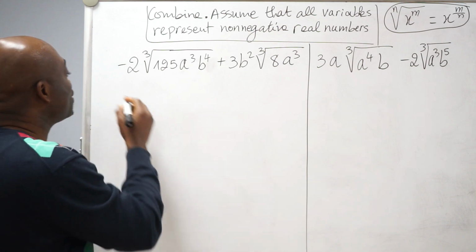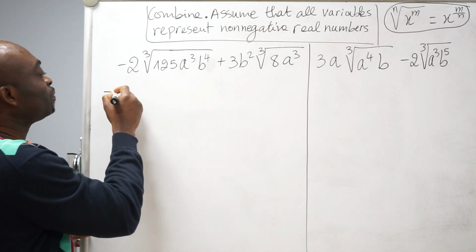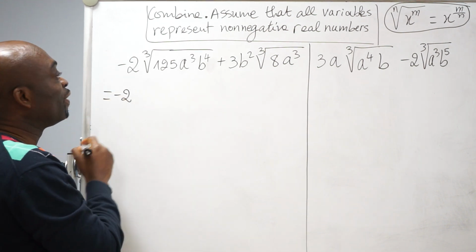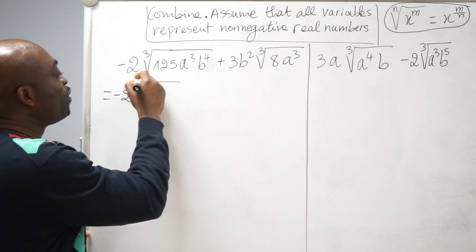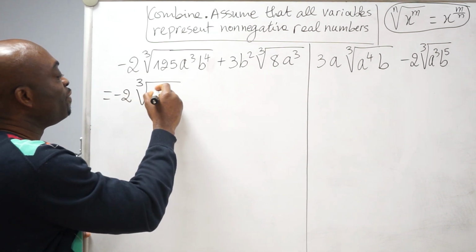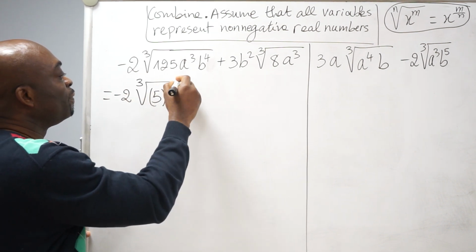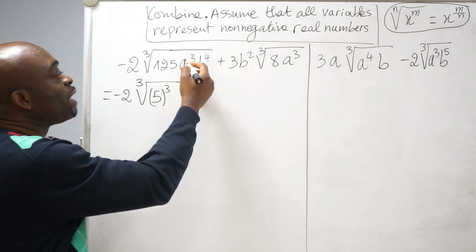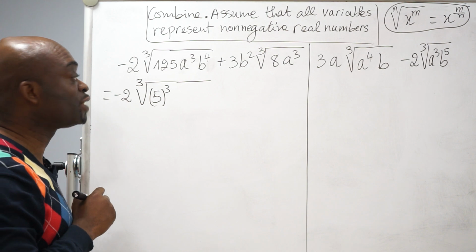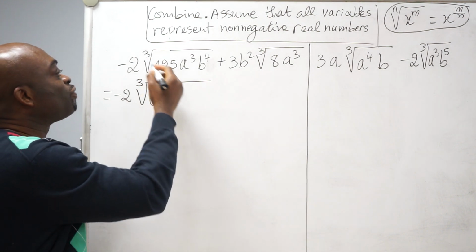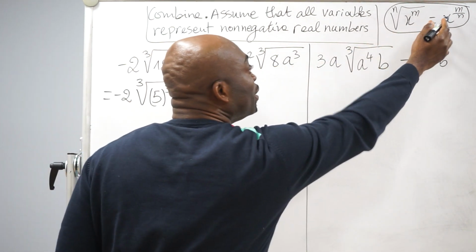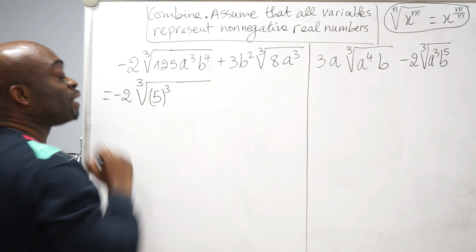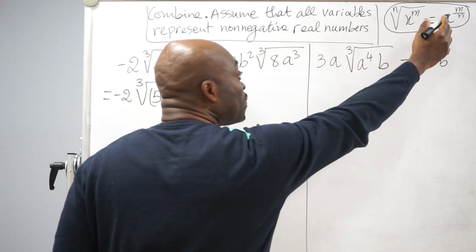So that means this one is equal to negative 2, and we still have our cube roots. So this is then 5 to the third power, all right? And then the next move is the a to the third power. The question is, what do we do there? That's the reason I put this one here, so you can see that as a radical, you can change it into the exponential format.